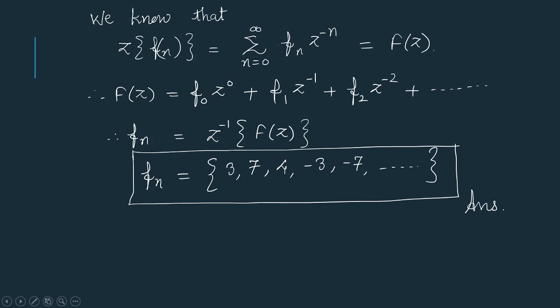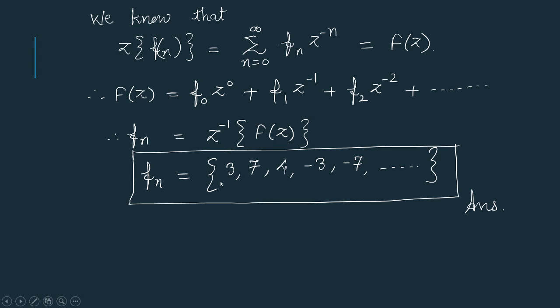Now here we write down this f of n value as here Z transform of f of n equal to, this is the definition. If we expand the terms f naught z to z naught, that means n equal to 0 here, we get this term. N equal to 1, we get this term. N equal to 2, we get this term.